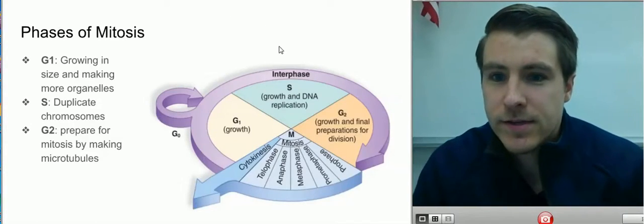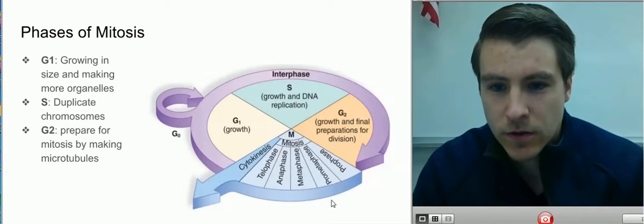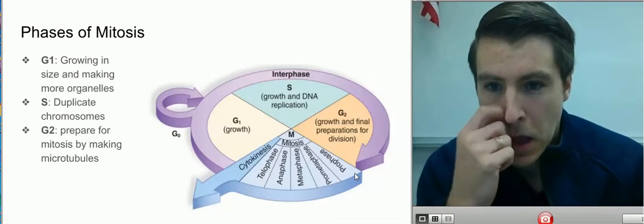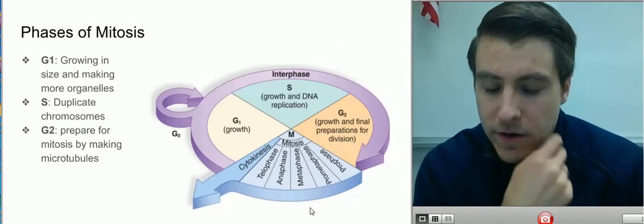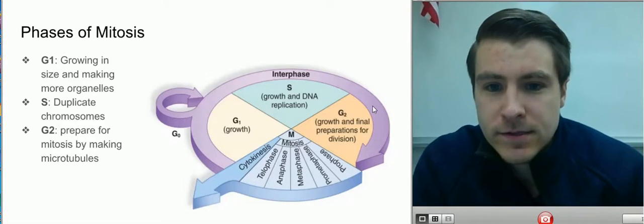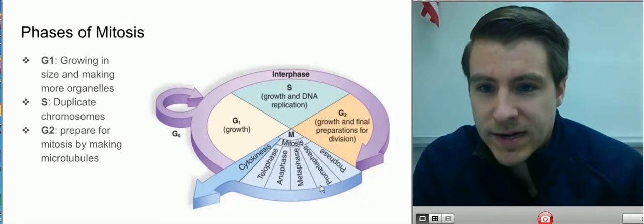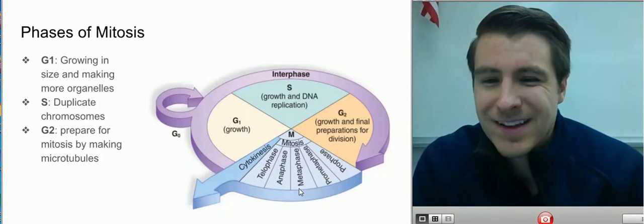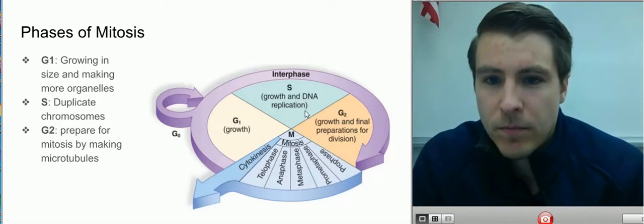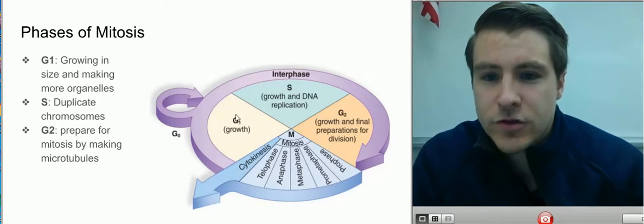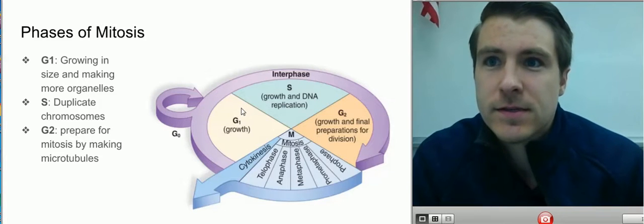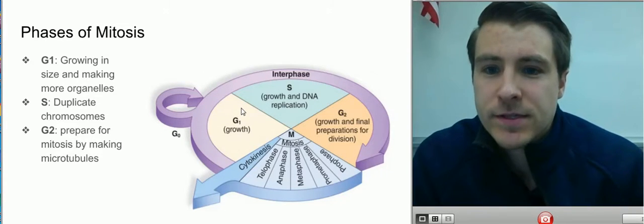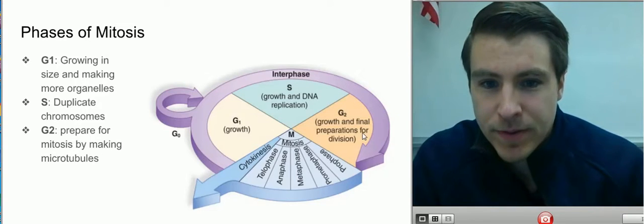So here is what we call the cell cycle, and I want to let you know that this cell cycle indicated here is representing mitosis, okay? And it's dividing up the cell's cycle and showing you how much time the cell spends in interphase compared to mitosis.